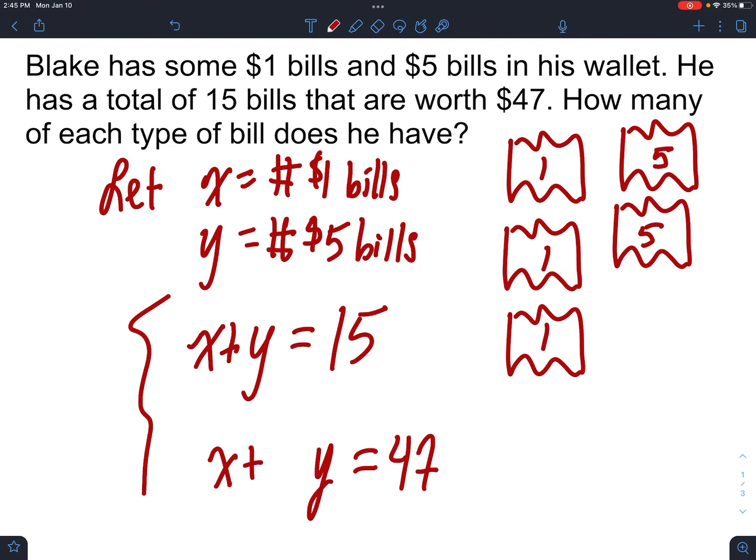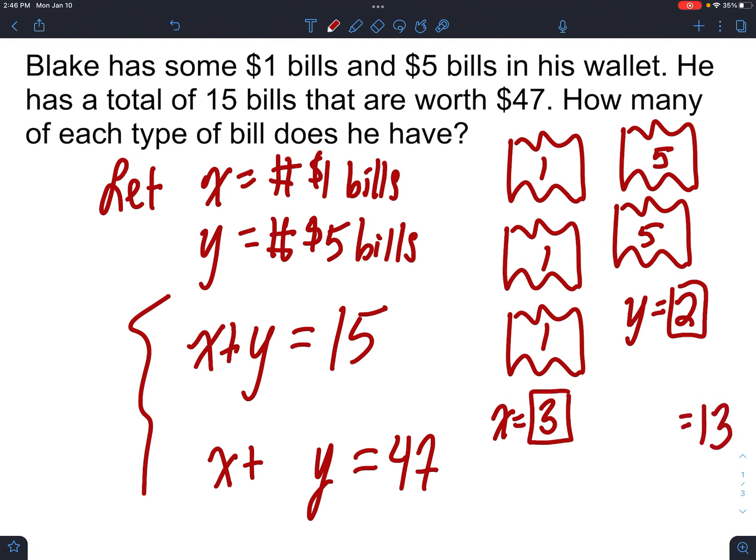The way you calculate 13 is the answer to finding the rest of this system, right? So if you have 3, this is X, right? You have 3 of those bills and you have 2 of these bills.